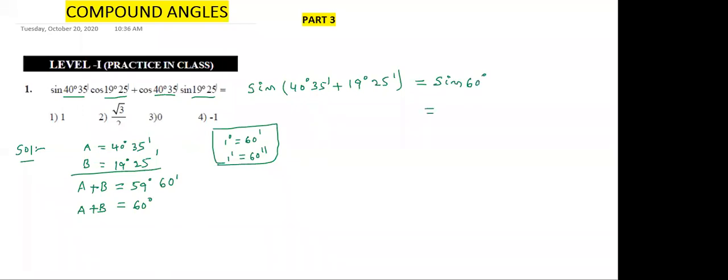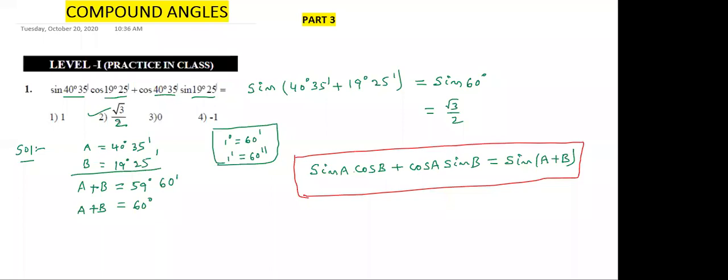What is sin 60? Root 3 by 2. So which option is correct? The second option is correct. Sin A cos B plus cos A sin B is equal to sin of A plus B.